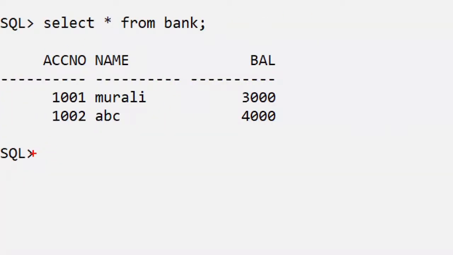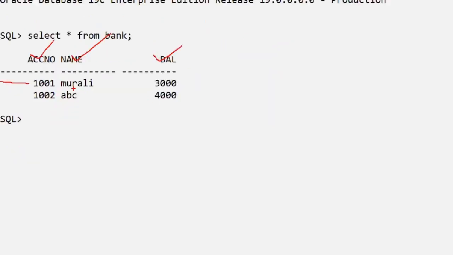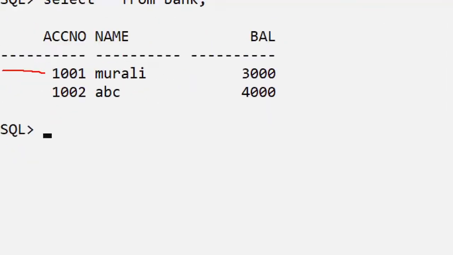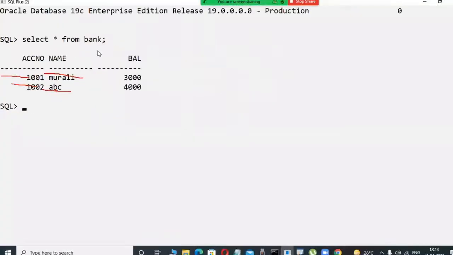Suppose for example this is an SBI bank, and this is the data. Observe here: these are columns, account number, name, and balance. These are called columns. Here 1001 and so on are called rows or data.